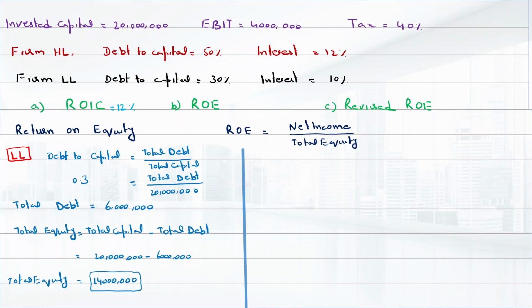After that, we will find net income. EBIT is 4 million. Interest, that is 10% of debt, that was 6 million in this example, that will be 600,000.